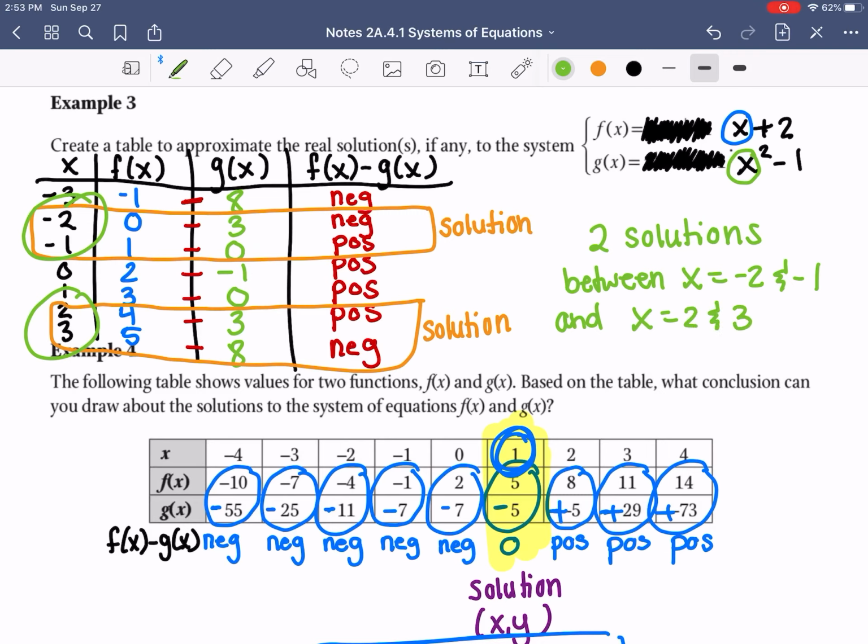So I can show you on a graph, okay? The graph is a really good way, and Desmos would give us exact answers. We're going to get two solutions when we graph this, where one or both of them are going to be decimals. They just don't happen at an exact point.